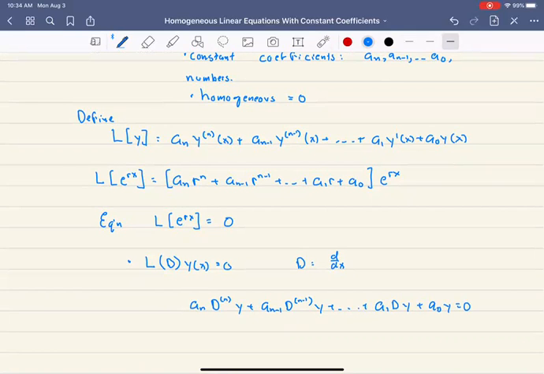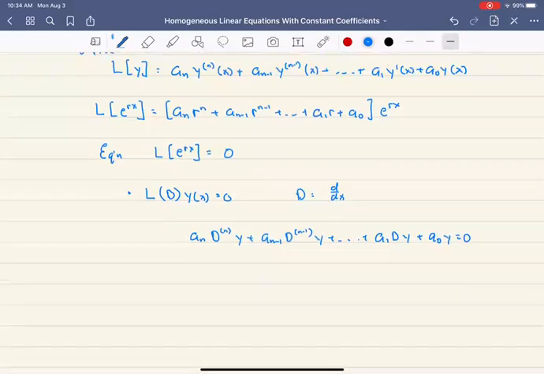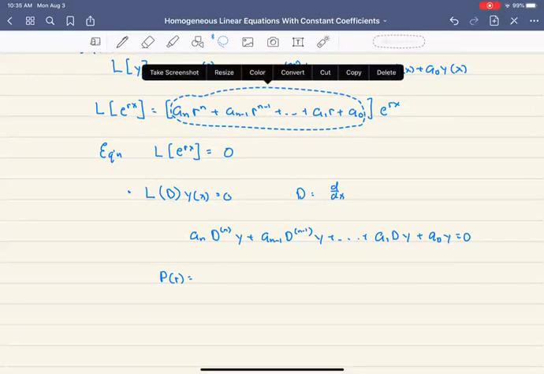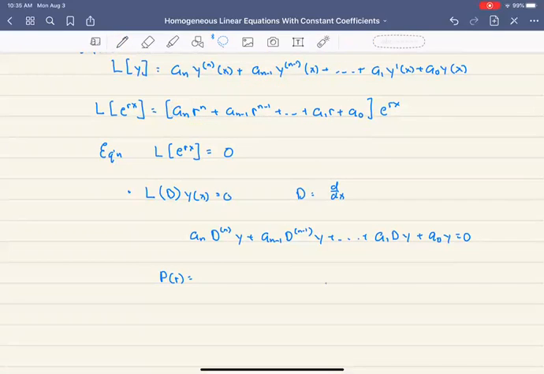And this polynomial we have, we call that the characteristic polynomial.